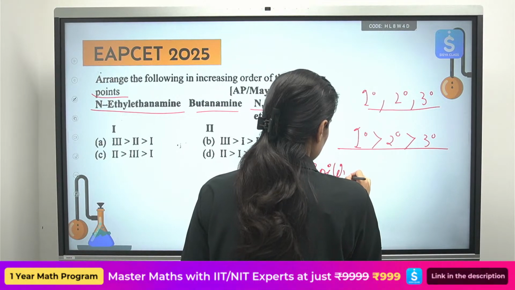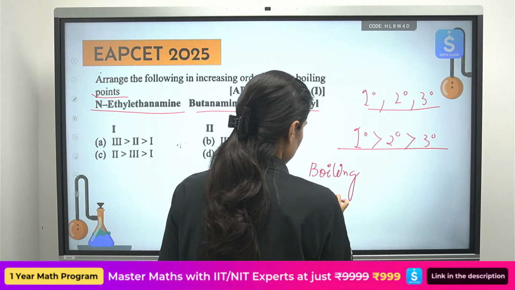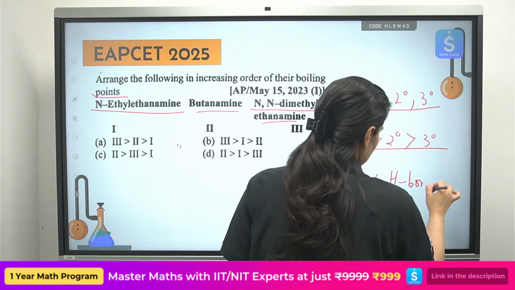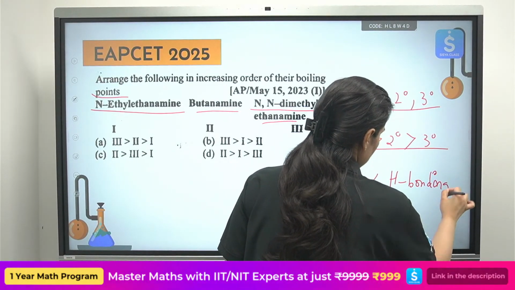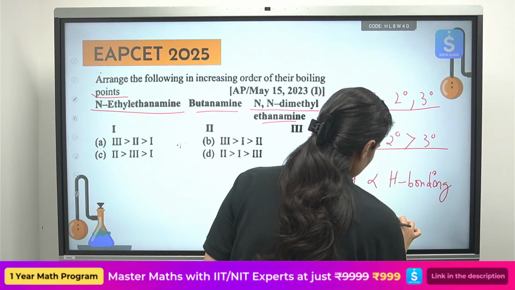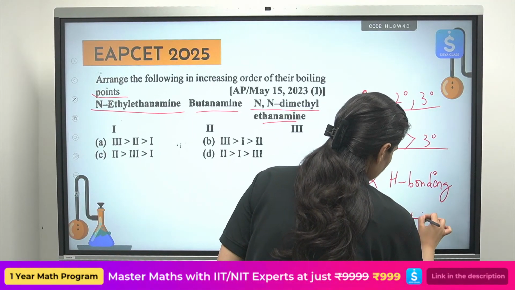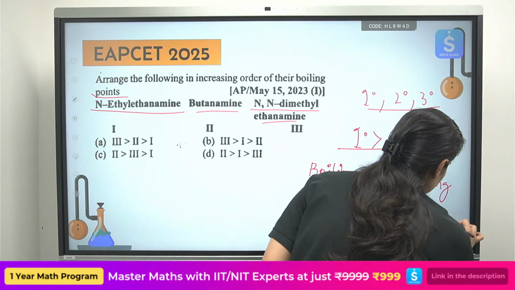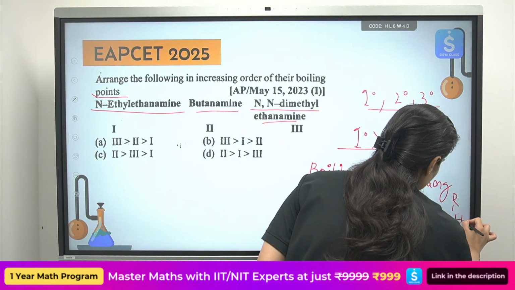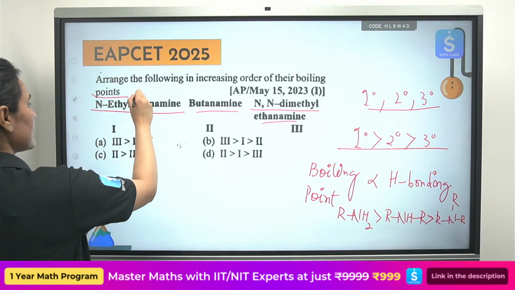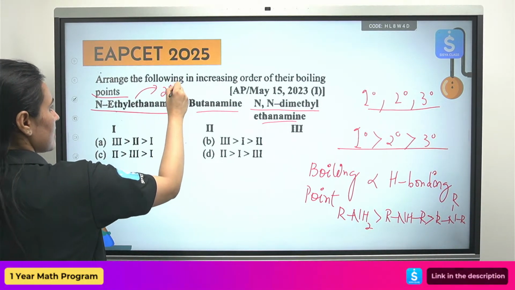Boiling point depends upon primary amine, secondary amine, and finally tertiary amine. So in this case, N-ethyl ethanamine, this is secondary amine.